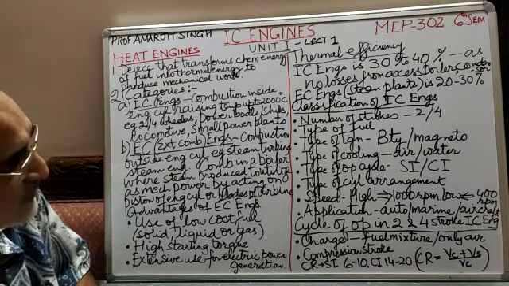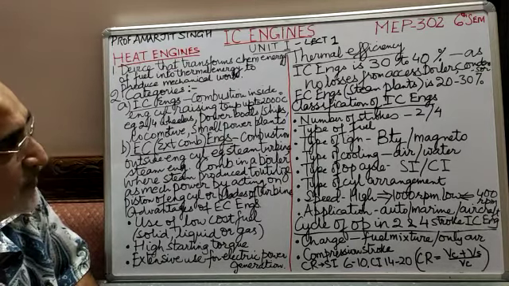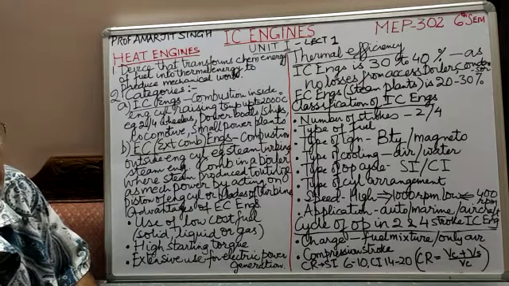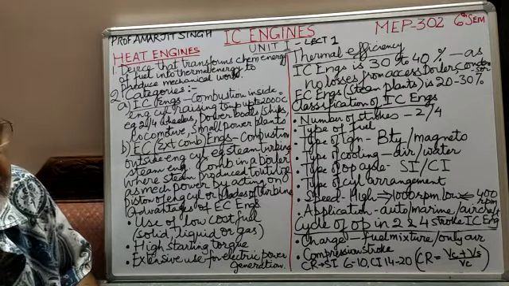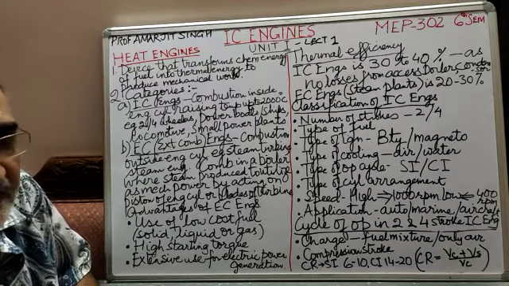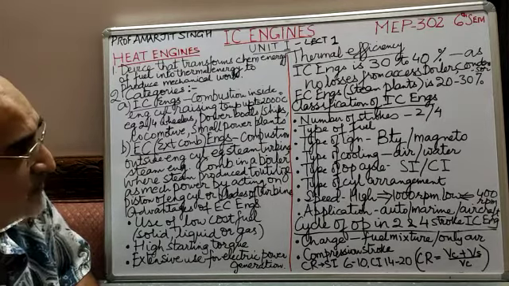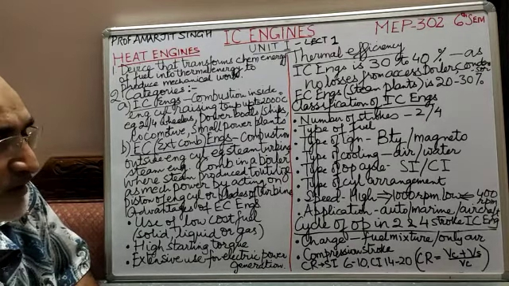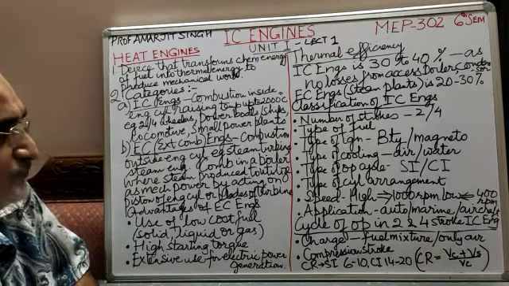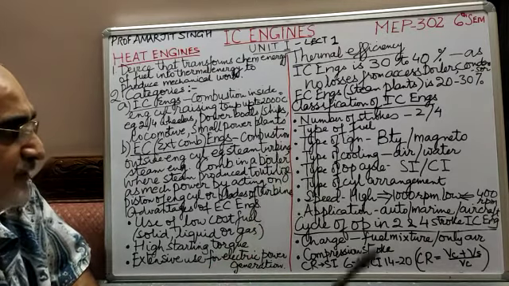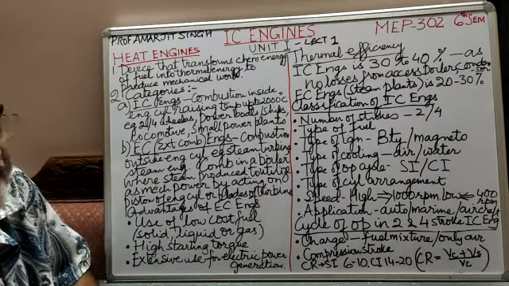The second classification depends on the type of fuel. The type of fuel could be petrol, diesel, CNG, and various other fuels. Biodiesel is again one of them. Combination of fuels. The third type is based on the type of ignition.